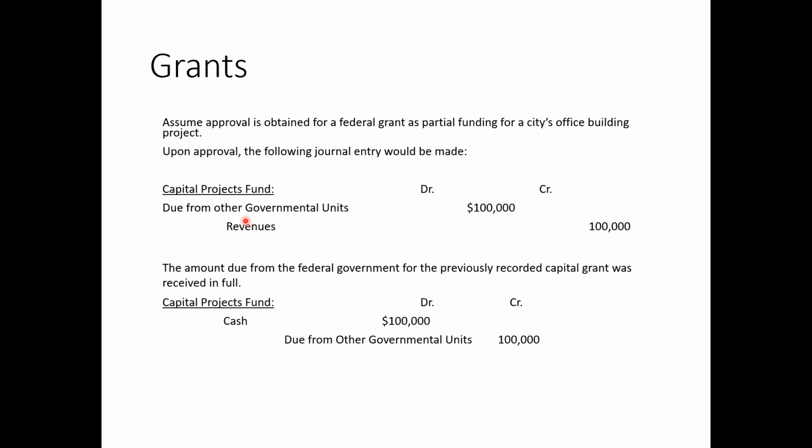So the difference between grants and bonds is that for grants we record revenues, while for bonds it's other financing source. Then when we receive the money, we debit cash and credit due from other governmental units.